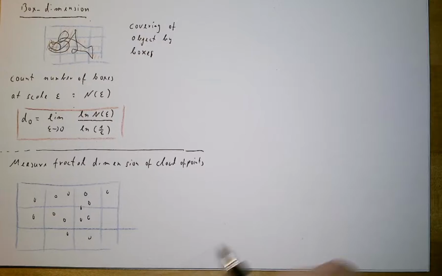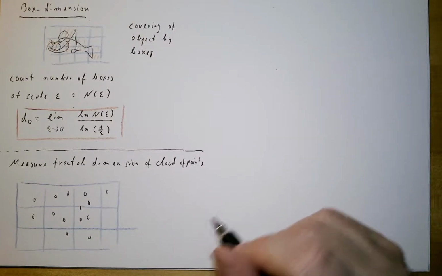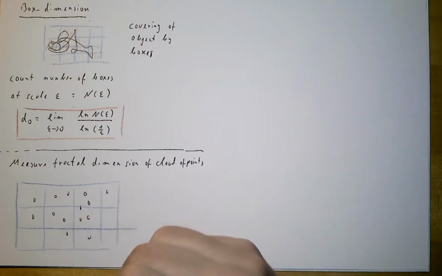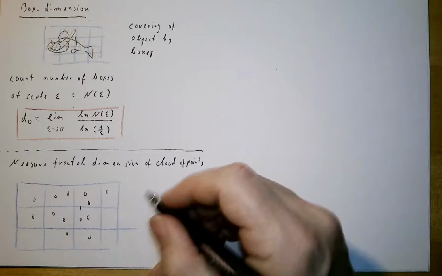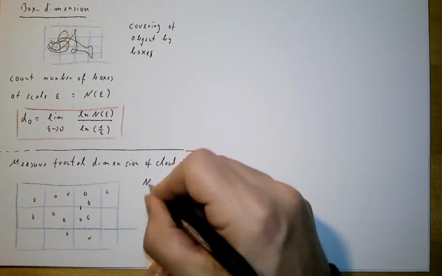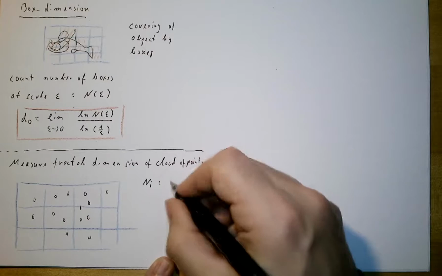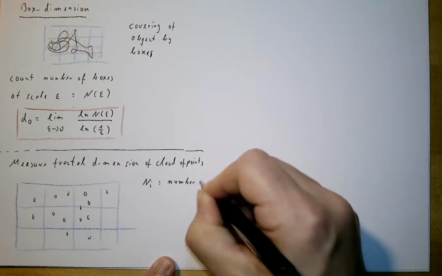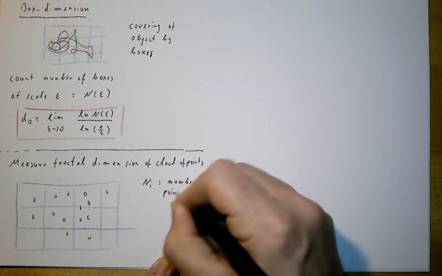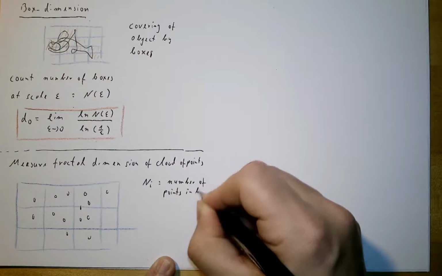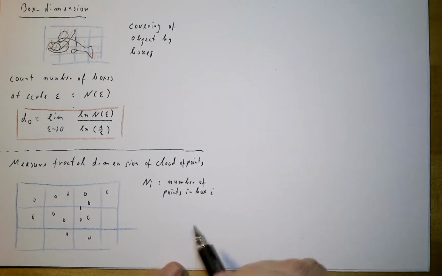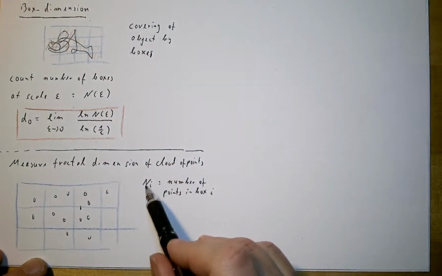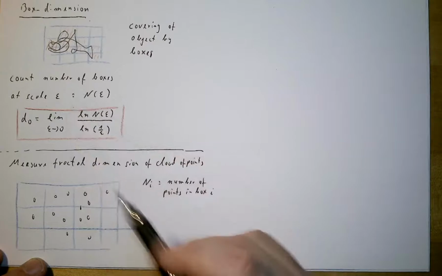Now we can count the number of points in the cloud which are in box i, and call this N_i, the number of points in box i. This capital N is different from the one before.